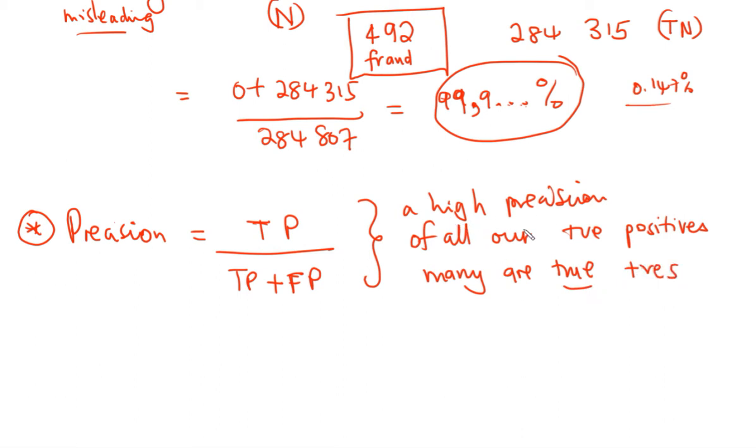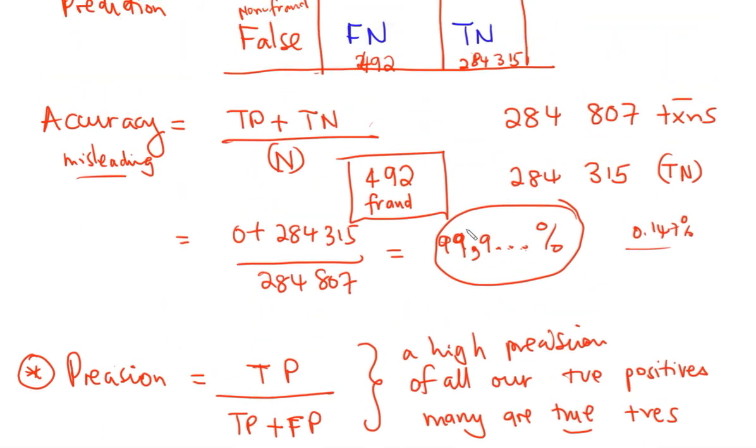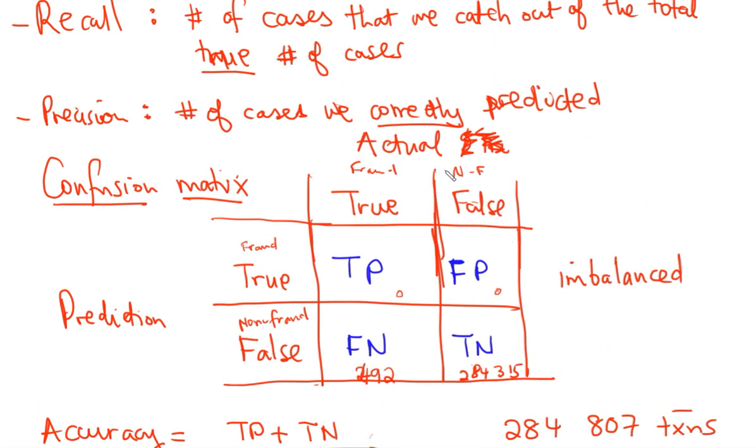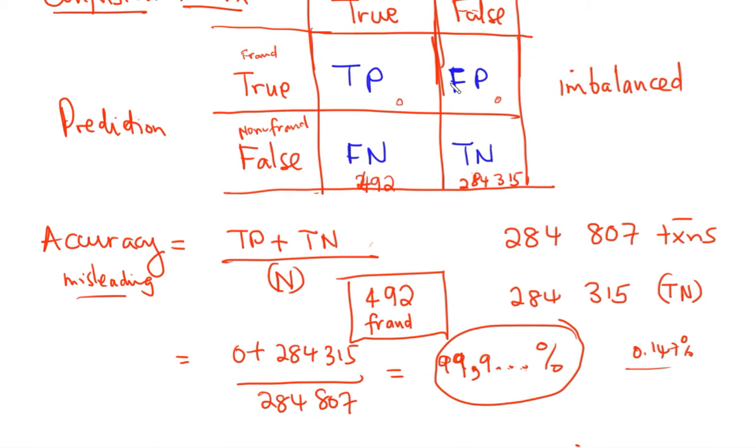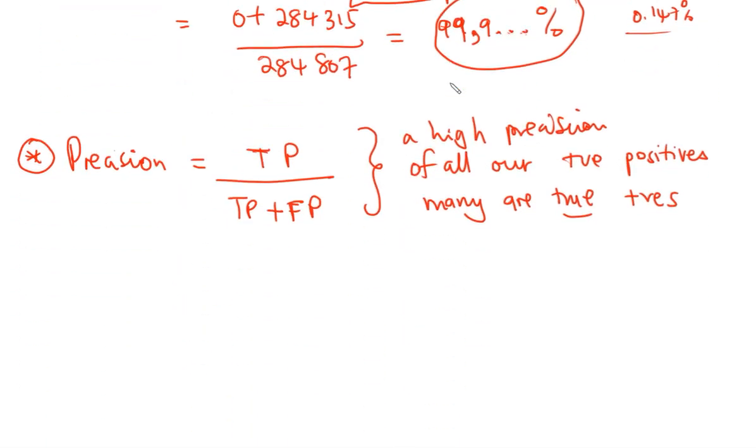So precision says, for the cases you have predicted, how many have you correctly predicted? We want our true positive to be very high.